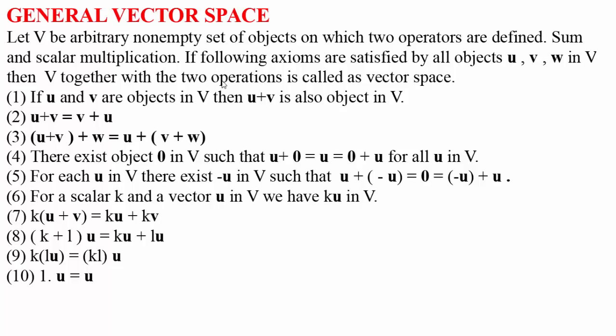That means in a set V there must exist an additive identity called 0.